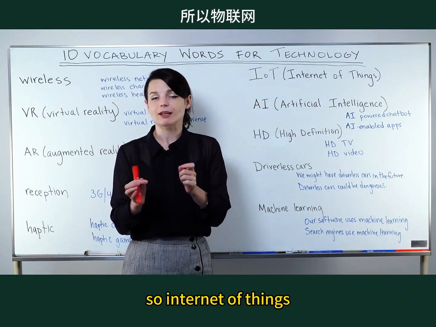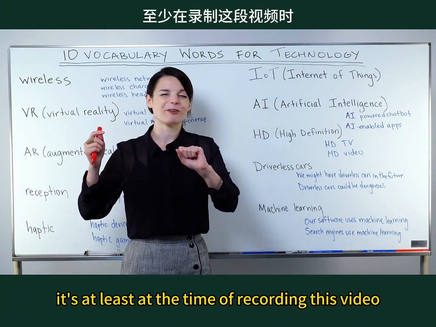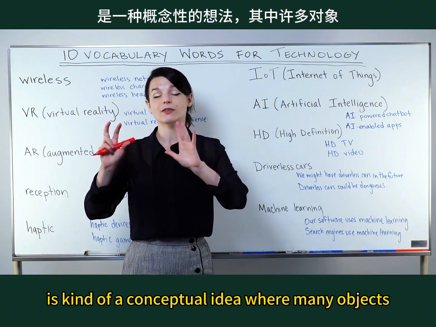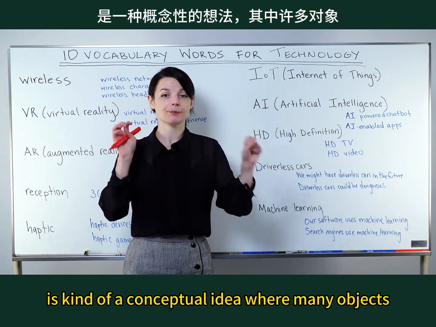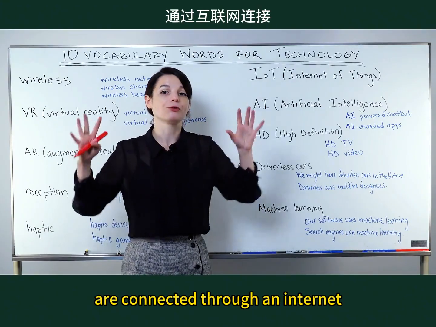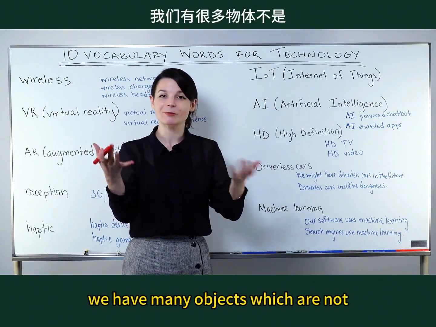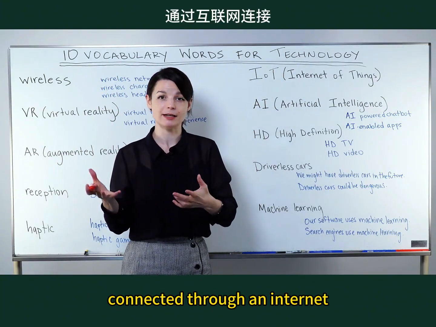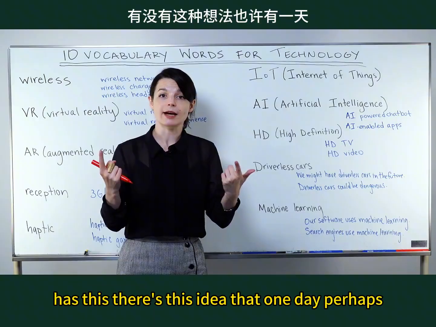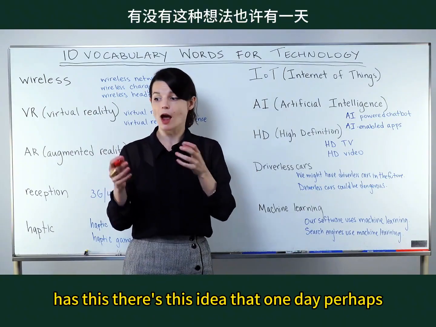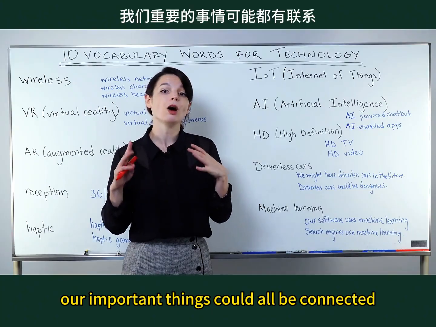So the Internet of Things, at least at the time of recording this video, is kind of a conceptual idea where many objects are connected through an internet. Right now, of course, we have many objects which are not connected, but there's this idea that one day, perhaps, our important devices or our important things could all be connected.